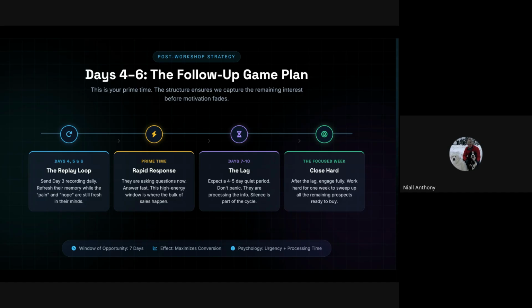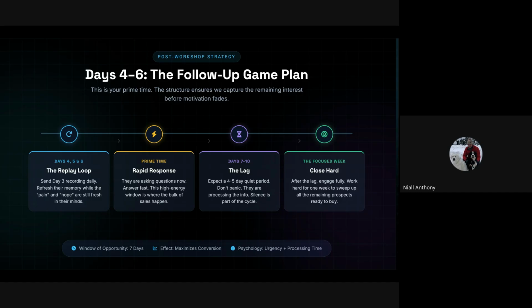I see the mistakes people make often, and it's trying to automate things when sometimes just a little bit of hustle gets you there, right? Just going the extra mile, doing the extra thing, will tip it over the line. So work hard for a week. You can close a large number of prospects, then you can take a week off, do whatever you want.